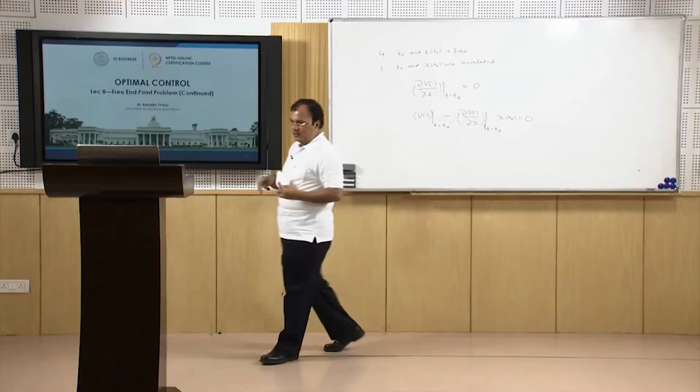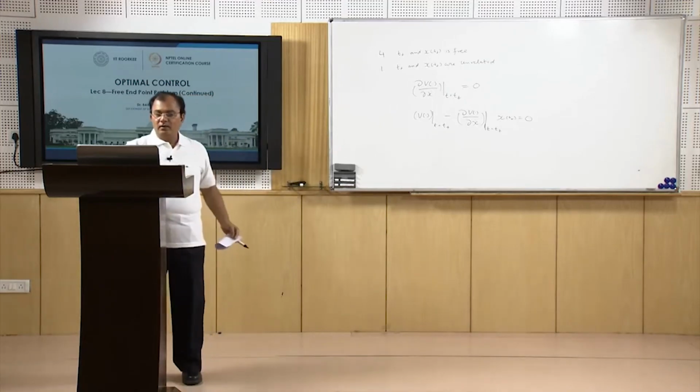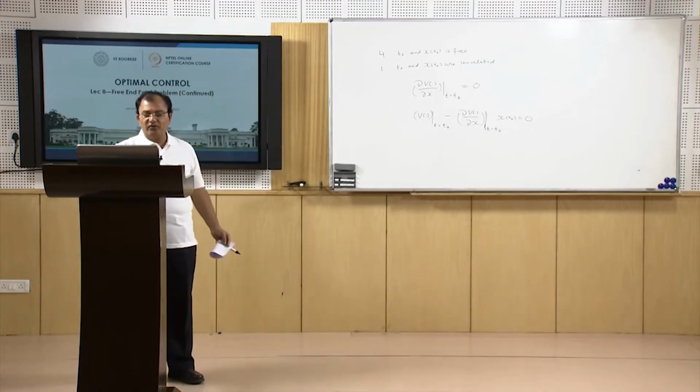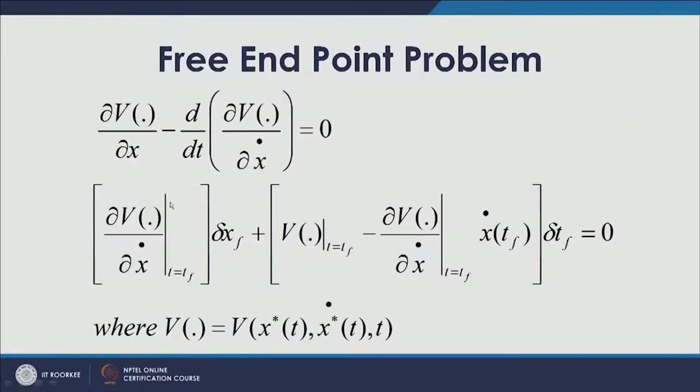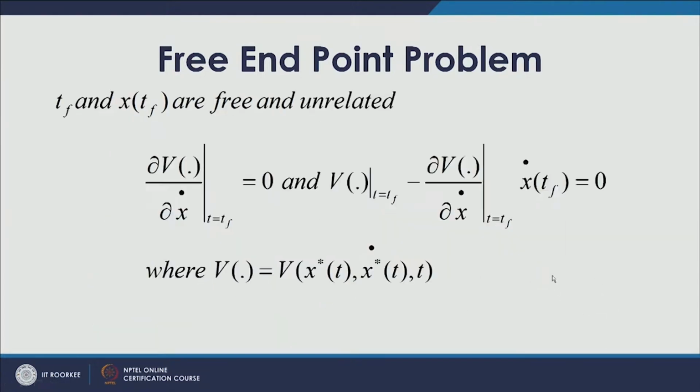As we see in this case, my first term del V by del x dot is nothing but the coefficient of delta xf, and the second term is the coefficient of delta tf. Both delta xf and delta tf are arbitrary, so their coefficients will be 0.